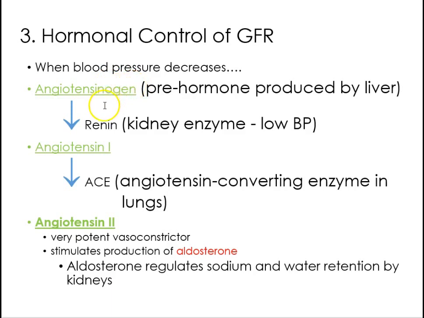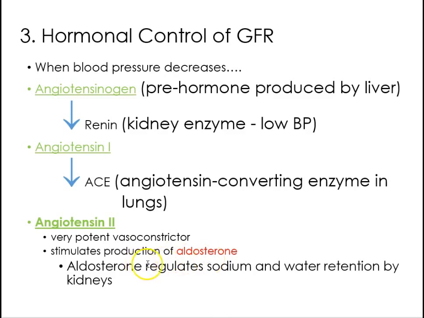Then it will meet renin in the kidneys when blood pressure is too low and get turned into angiotensin 1. This will float around the bloodstream until it gets to the lungs, where it meets an enzyme called ACE, which turns it into the active hormone, angiotensin 2, and this is going to contract the afferent arteriole, and that's going to regulate sodium and water retention by the kidneys.